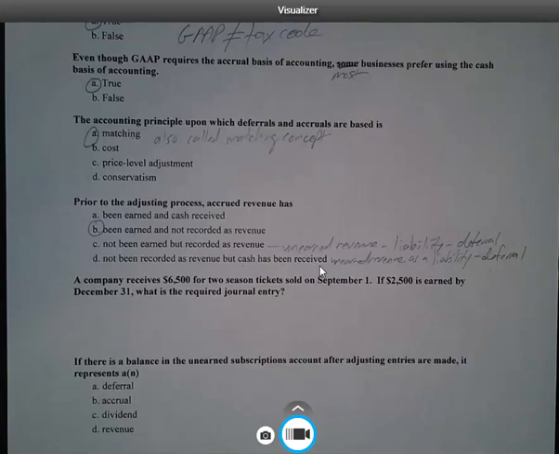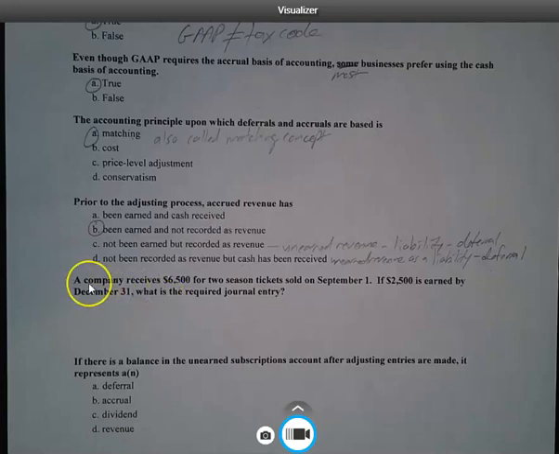So they said, okay, looking at our billing sheets, we have earned 25 hours at $20 an hour, and that's $500. So they had earned $500 of revenue, but they hadn't recorded it yet. And then, as part of their adjusting process, they went ahead and recorded that and set up an accounts receivable for that $500. So that's the exact same thing we have going on here.